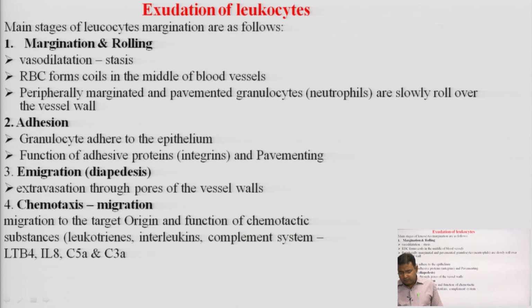Migration to the target organ and function of chemotactic substances like cytokines, leukotrienes, interleukins, complement system, leukotriene B4, IL-8, C5a, C3a. These are different complement components, leukotrienes and interleukins, which act as chemotaxins for the migration process.